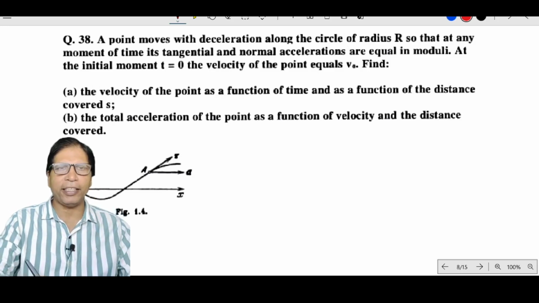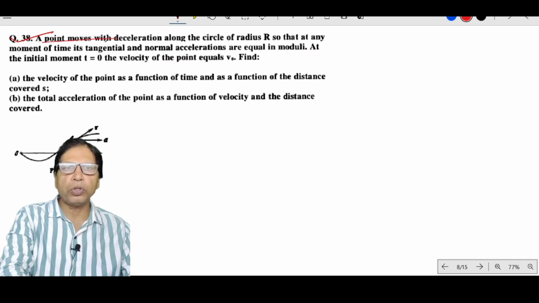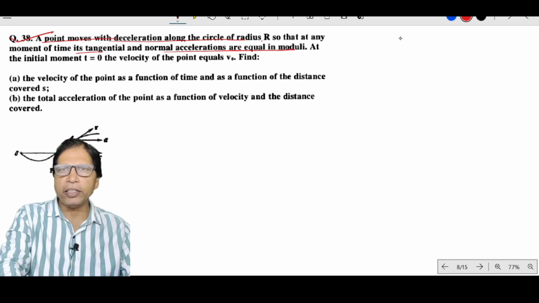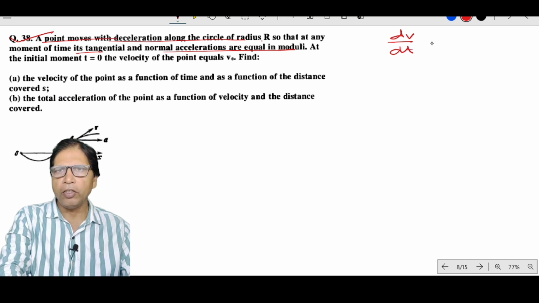Question number 38. A point moves with deceleration along the circle of radius r so that at any moment of time its tangential and normal accelerations are equal in moduli. That is, the given condition is dv by dt equal to v square by r.